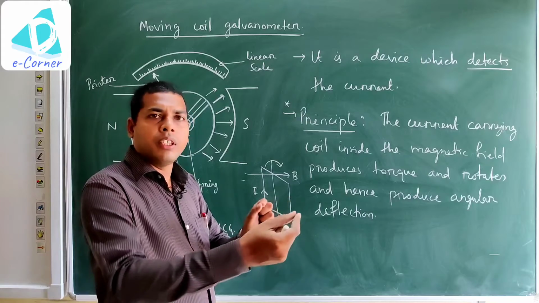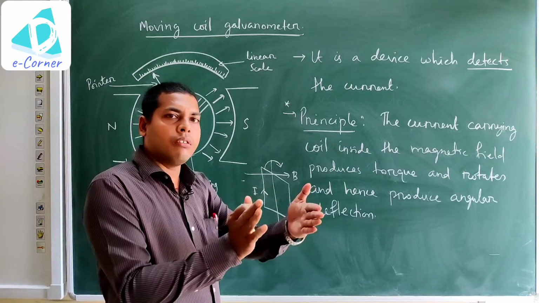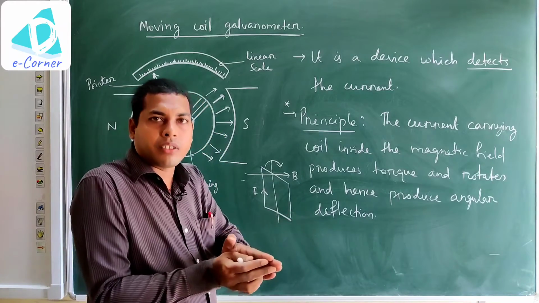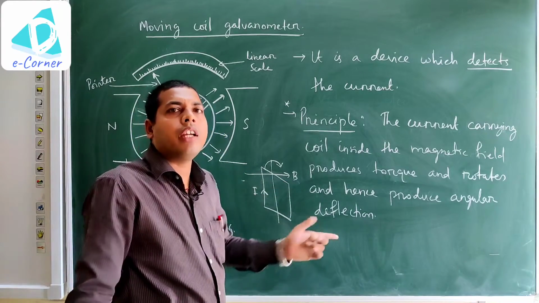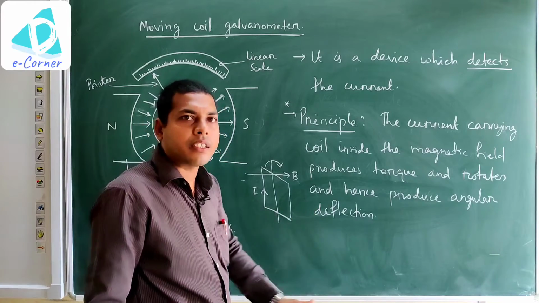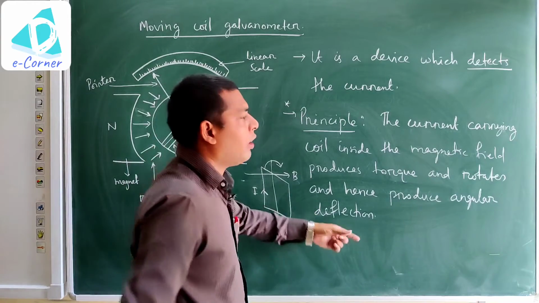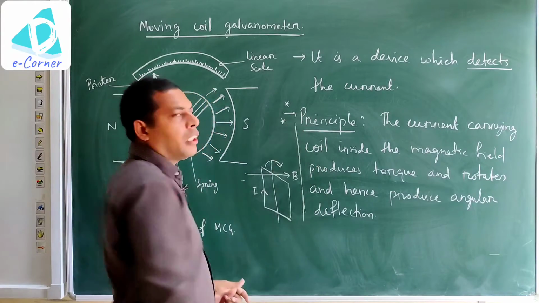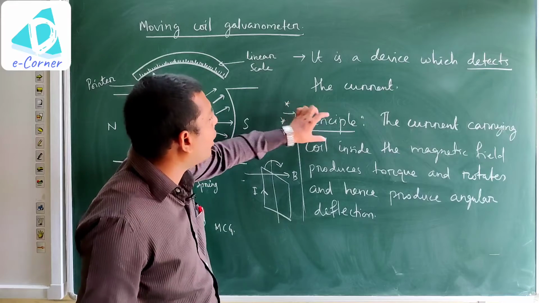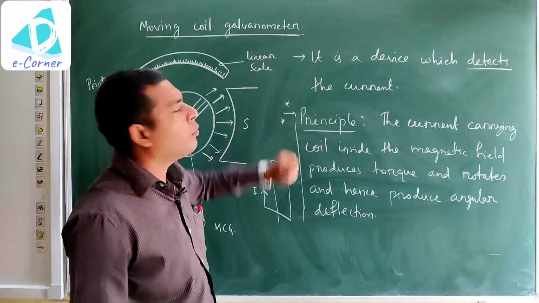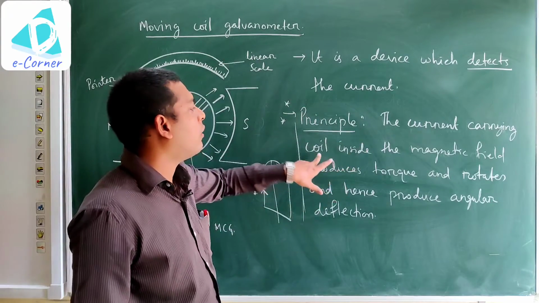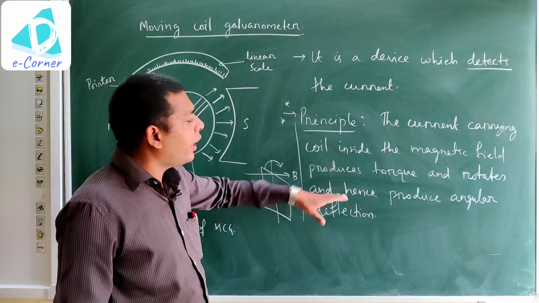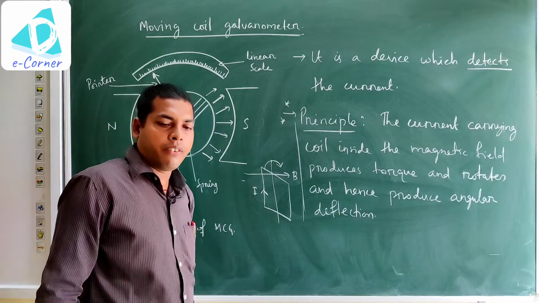Rotating means it is getting deflected, and this deflection is angular deflection, not linear deflection. This is the principle. It is very important. You can get it in a single mark. What is the principle behind the moving coil galvanometer? The current carrying coil inside the magnetic field produces torque and rotates and hence produces angular deflection.